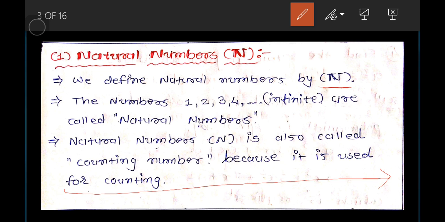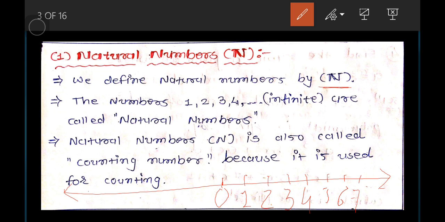You can also see one example, your scale or ruler, on which such numbers are given. Here you can see this is a number line. In the middle of the number line 0 is given. Stepping to the right side, there are numbers 1, 2, 3, 4, 5, 6, 7 up to infinity.